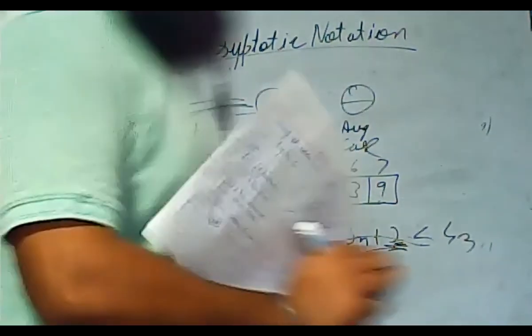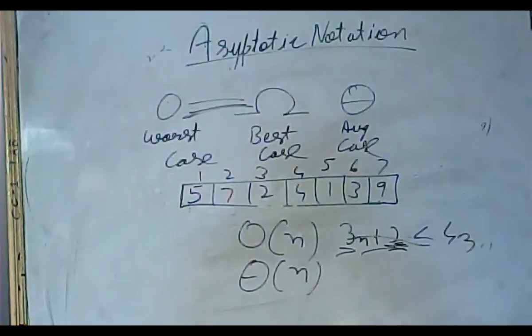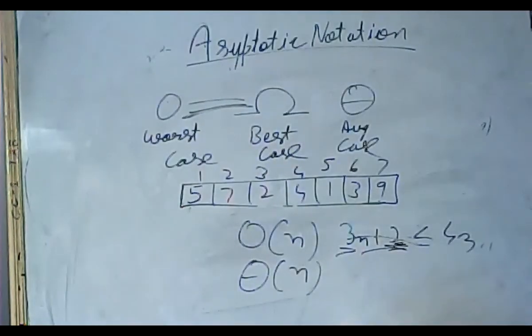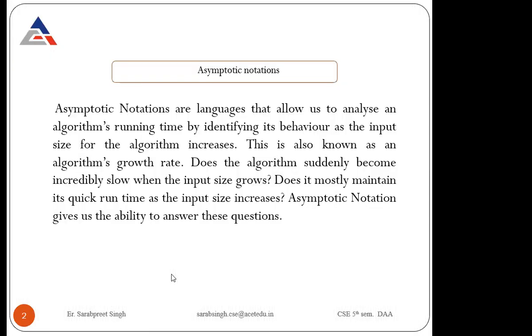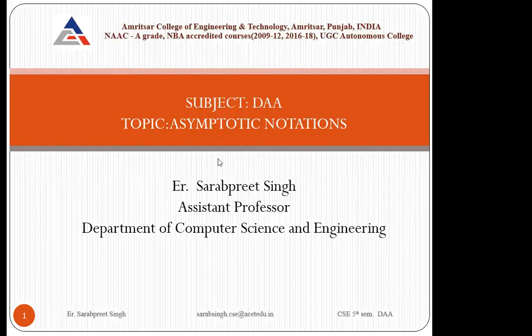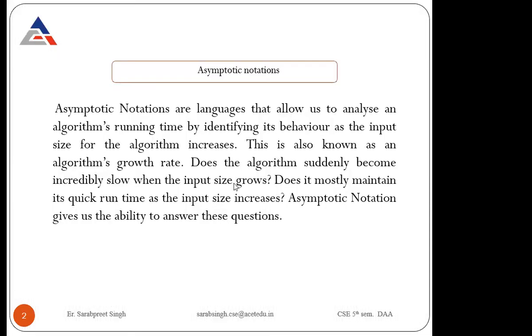Now let's see the PPT, what we have written in the PPT again. So we are coming back to the PPT. Our topic is asymptotic notations that represent how an algorithm behaves, whether it is the best case or the worst case. This is how we do the analysis of any algorithm.